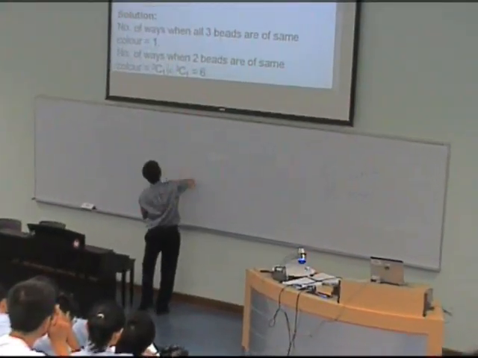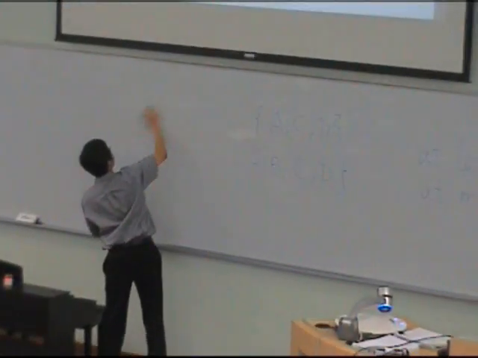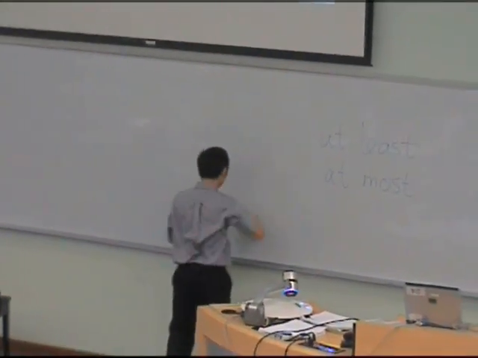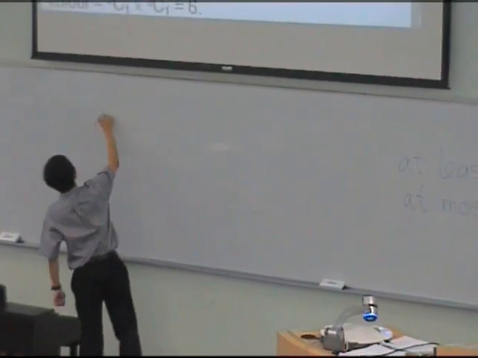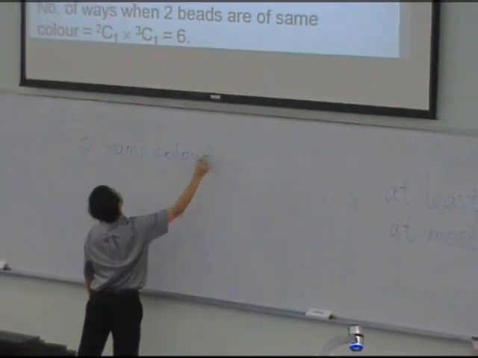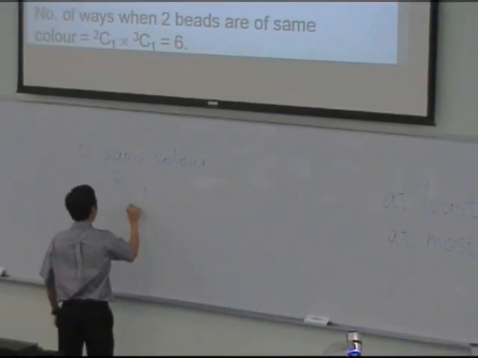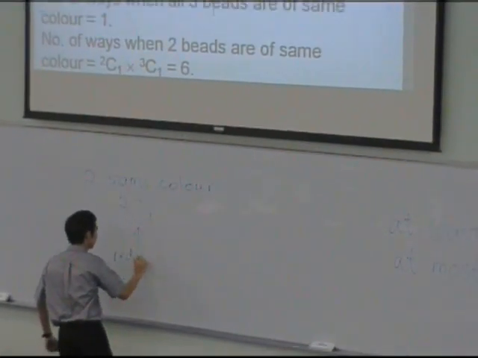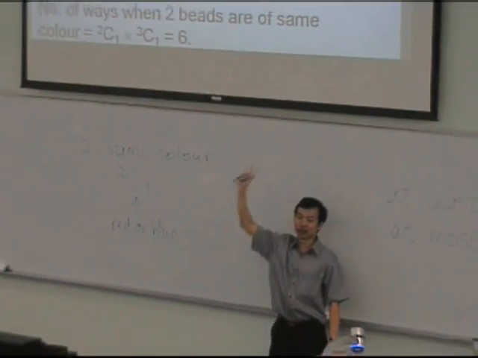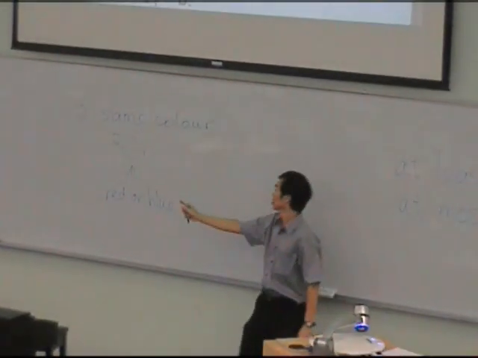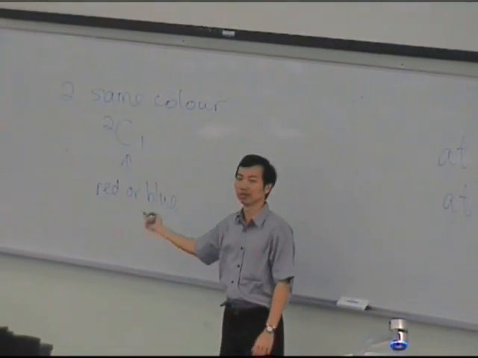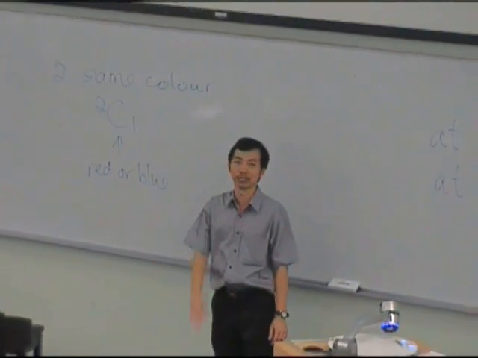They are the only colors that can repeat, the only 2 colors that can repeat, either red or blue. Choose one. Either red or blue. White and green cannot be used.